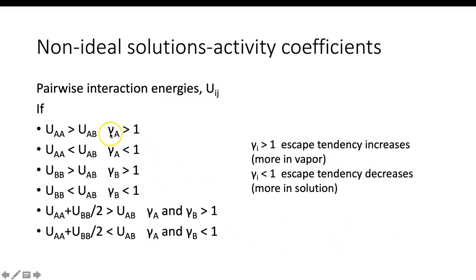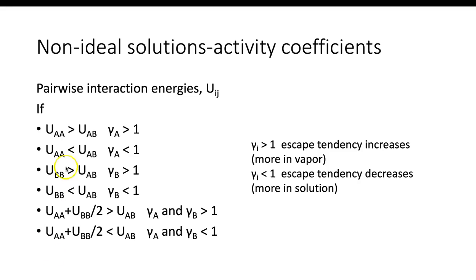If we have one that's greater than 1, so gamma A and gamma B, what we're saying is that the pairwise interaction of A likes A better than A likes B, or B likes B better than B likes A. And that's what it means to have an activity coefficient greater than 1. It likes to be with something like itself rather than the other one. If the activity coefficient is less than 1, that means that A likes B better than A likes A, or likewise B likes A better than B likes B.